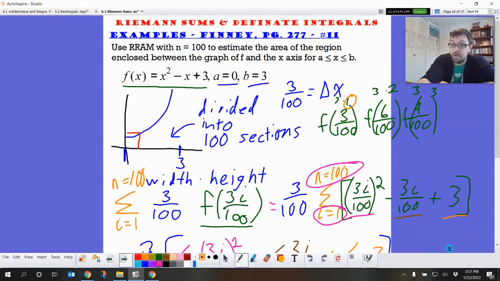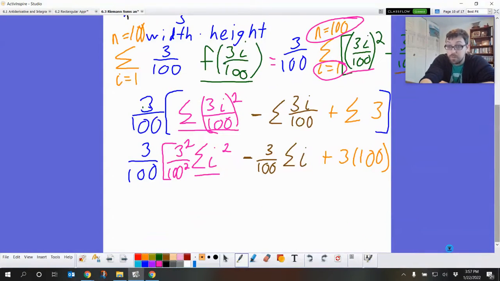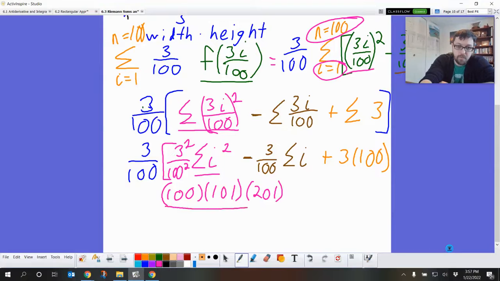But all of our n's are 100 because that's the number of times that we're doing this. So it is 100 times n plus 1, which is 101, times 2n plus 1, which is 201, over 6. Why is it 6? I don't know, and I don't care. 3 squared and 100 squared.